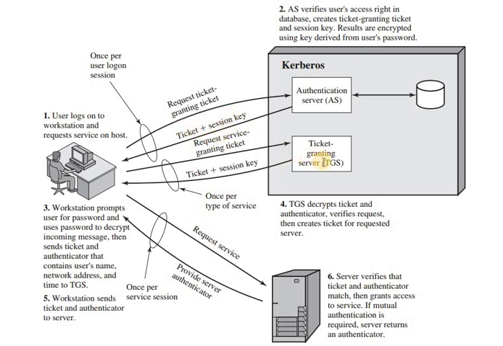Similarly, the TGS embeds a copy of the session key in the ticket, and it reaches the server. So the ticket is used as a way to distribute session keys. It doesn't authenticate anyone. The authenticator does. The authenticator is the one that identifies participating entities.